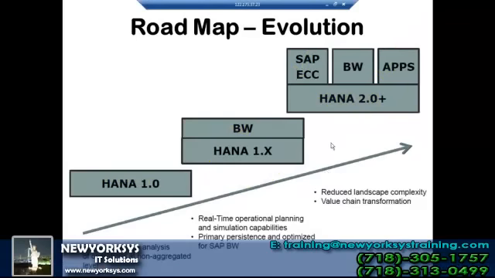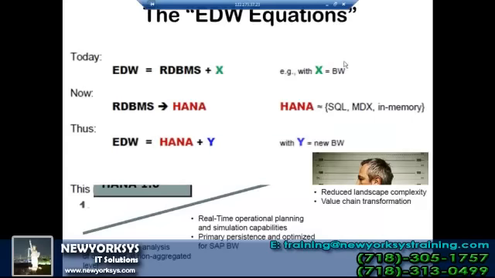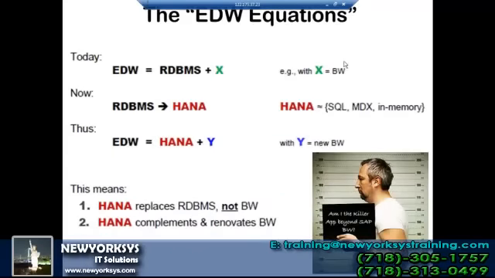Now with that, if you want to understand what exactly the current enterprise data warehouse equations are with HANA: today when you say enterprise data warehouse, it's always a traditional database plus X, where X is a BW system, the older versions of BW. Now when you replace the traditional database with HANA, the basic equation becomes enterprise data warehouse equals HANA plus Y, where Y equals new BW.